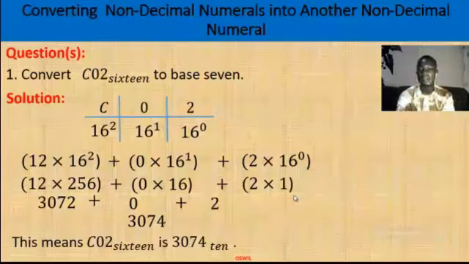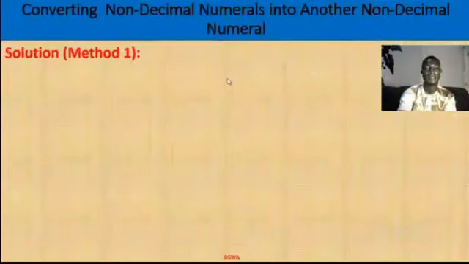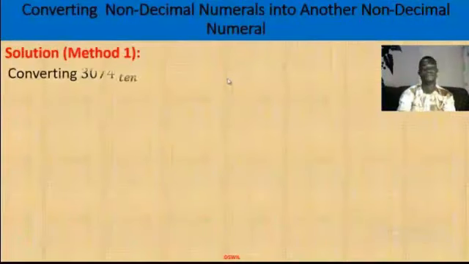And our next step is to convert this answer, 3074 base 10, to the base required, which is base 7. And to do that, we have two methods. The first method is what we are going to do now.